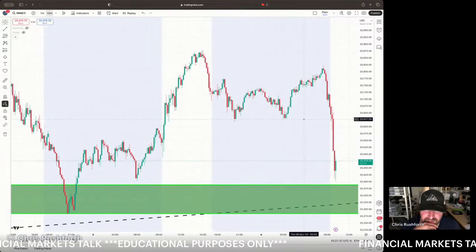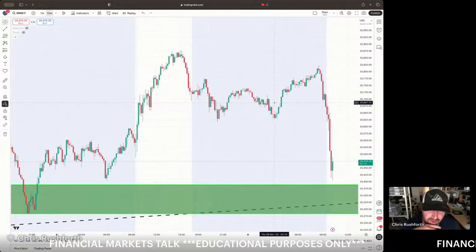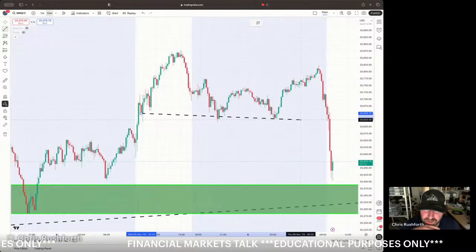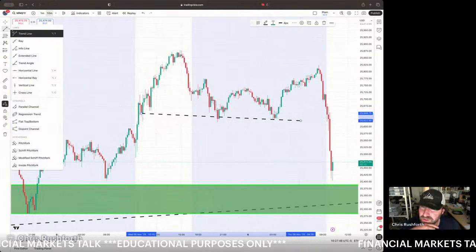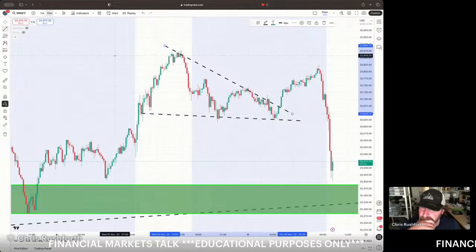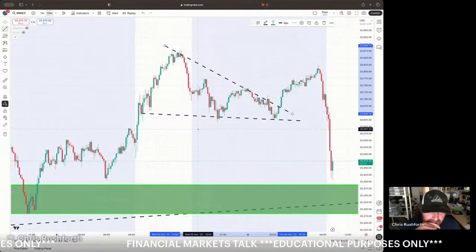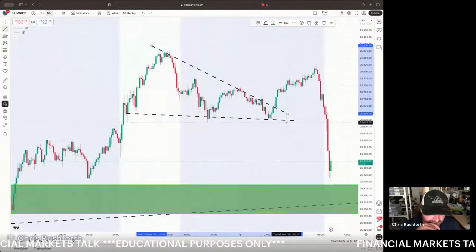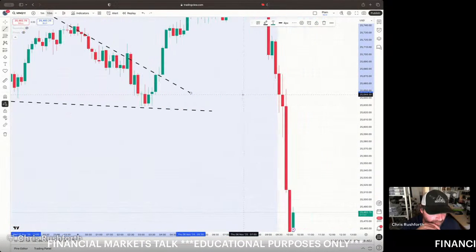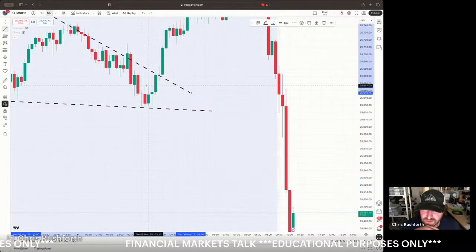What could have been a good trade here, let's see. If you were awake at 3 o'clock in the morning, right here, you see we have structure. See that? Structure. And the trigger candle, this is a trigger candle. See this candle right here? This is an engulfing candle.